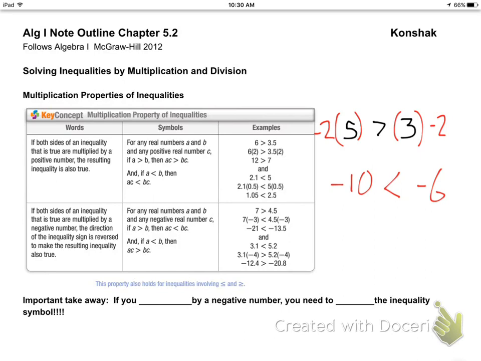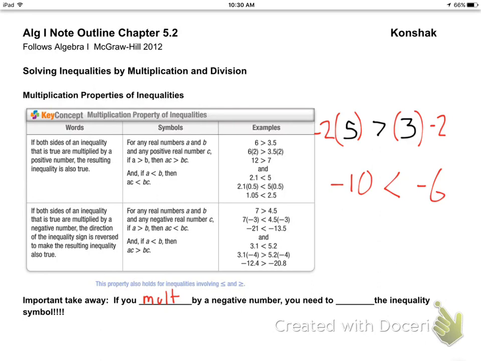So on the bottom, in black, highlighted in bold, this is the important takeaway from multiplication. If you blank by a negative number, you need to blank the inequality symbol. What are the blanks? If you multiply by a negative number, you need to, what happens?